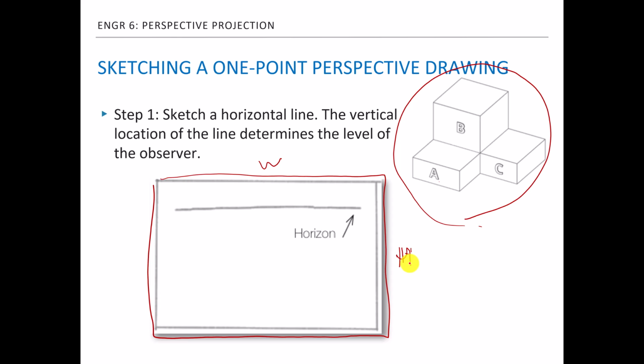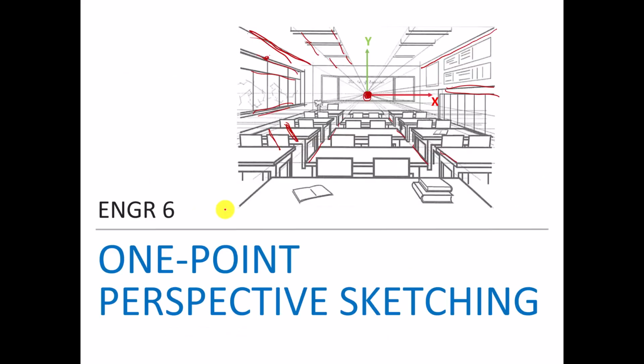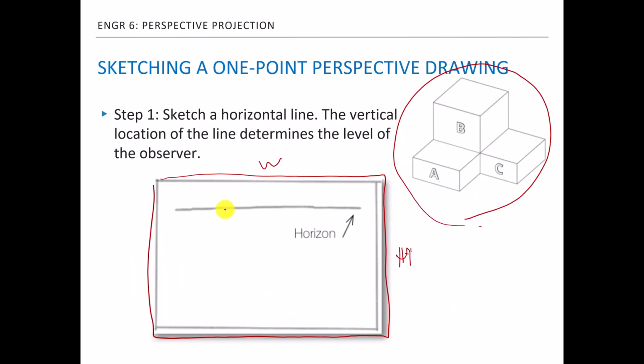If you put your horizon line higher on your paper, that means your eye elevation is higher than the object. It's like a bird's eye view. If you put your horizon line in the lower part of your paper, that means you're lower than the object you're sketching, so you're going to see more of the bottom side of the object.